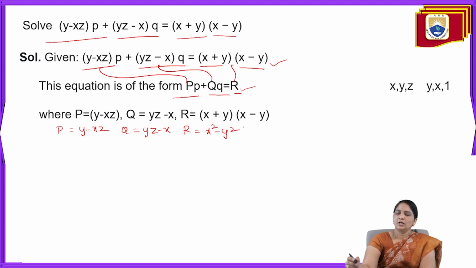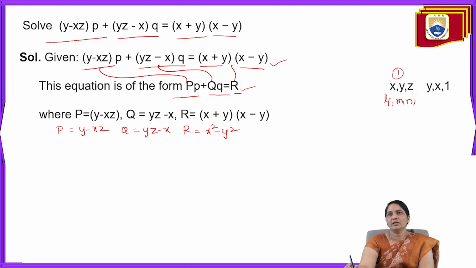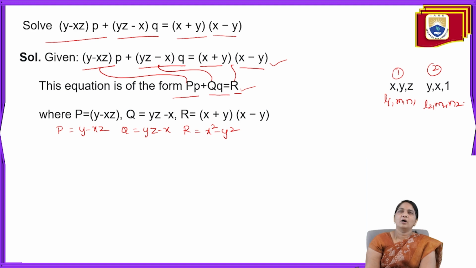Now here I am taking two sets of multipliers. The first set of multipliers I will take as l1, m1, n1 and the second set as l2, m2, n2. First, how can we say that these are the sets of multipliers?